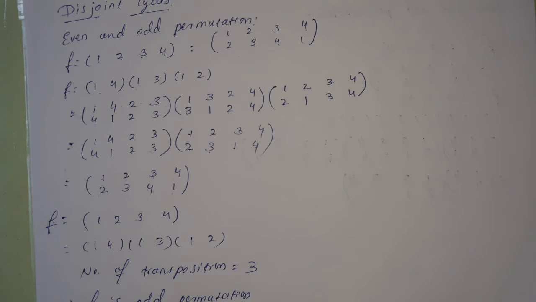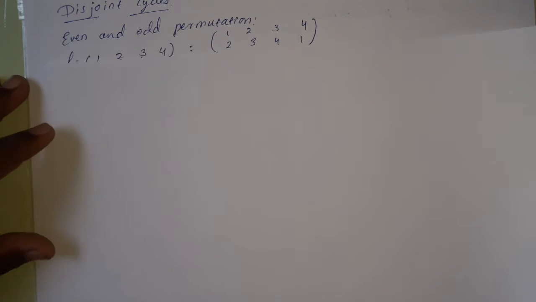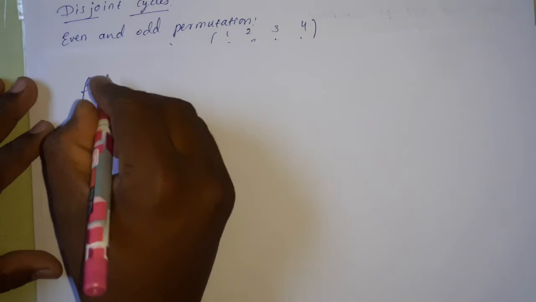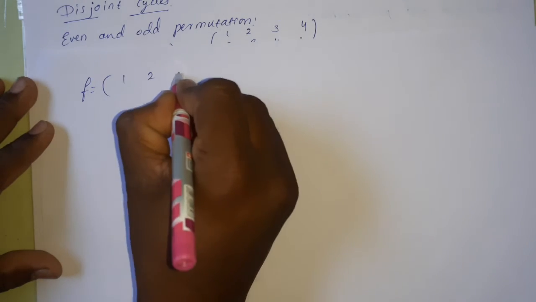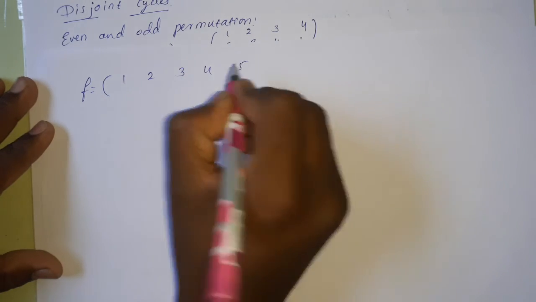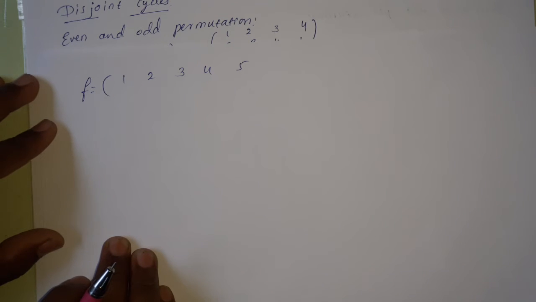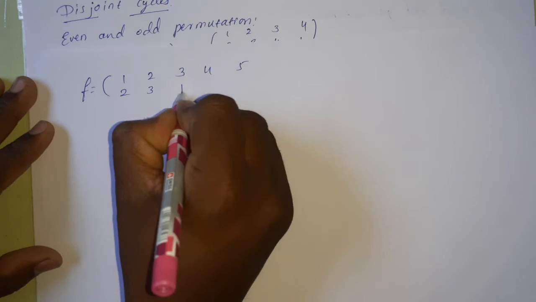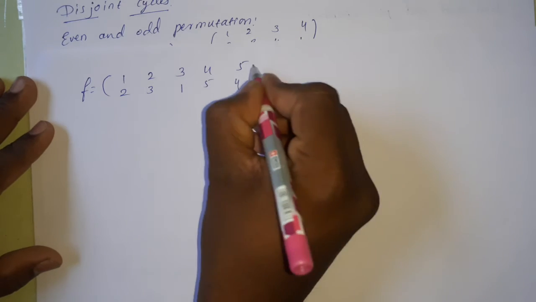So now let us consider the next example. Here F is equal to 1, 2, 3, 4, 5 and the images are 2, 3, 1, 5, 4.